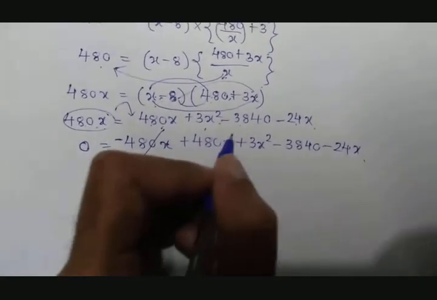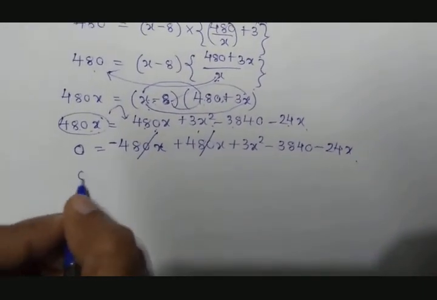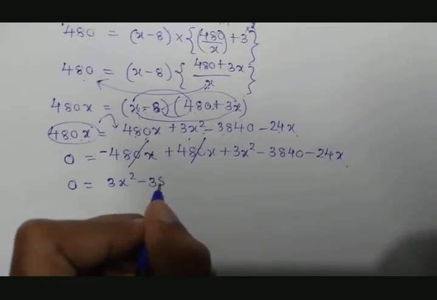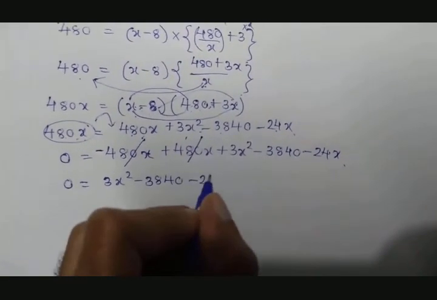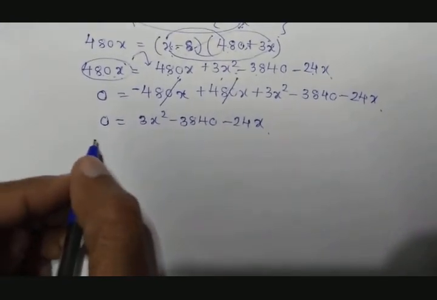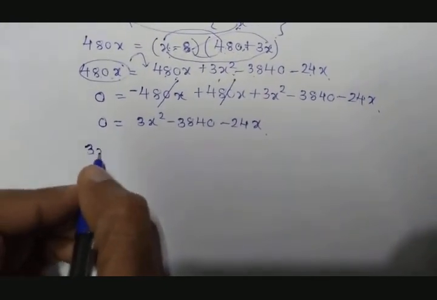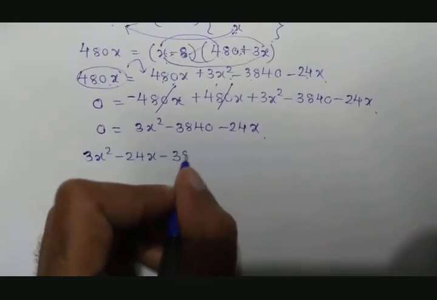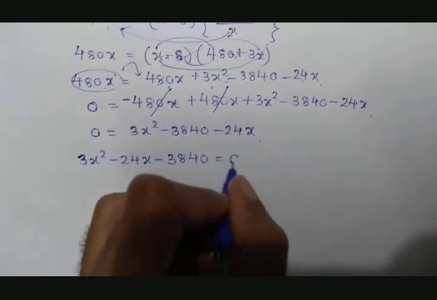Now minus 480x plus 480x gets cancelled, so we will be remaining with 3x square minus 3840 minus 24x. So now we shall arrange it according to the descending order of the variables, that is 3x square minus 24x minus 3840 is equals to 0.